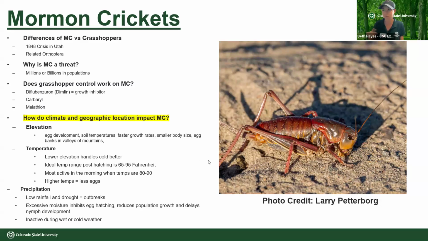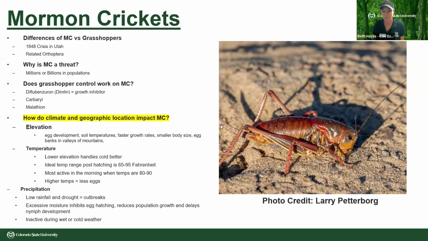Grasshoppers start moving around at 80 and above. Mormon crickets will start moving around at 65 and higher, and they're most active in the mornings when temperatures are 80 to 90. If there are higher temps in our state in general, including at higher elevation, there will be fewer eggs. So that's the one nice point about them.